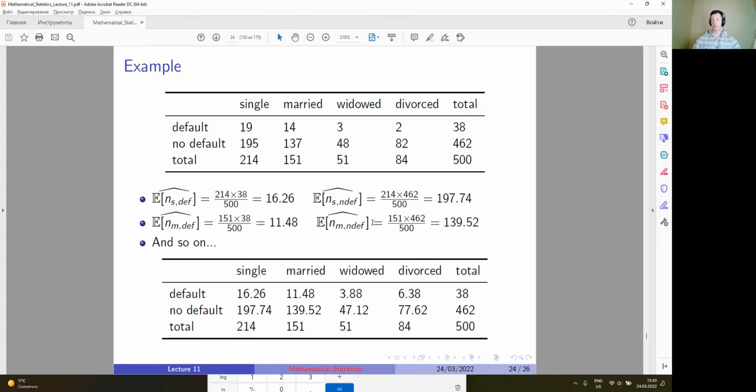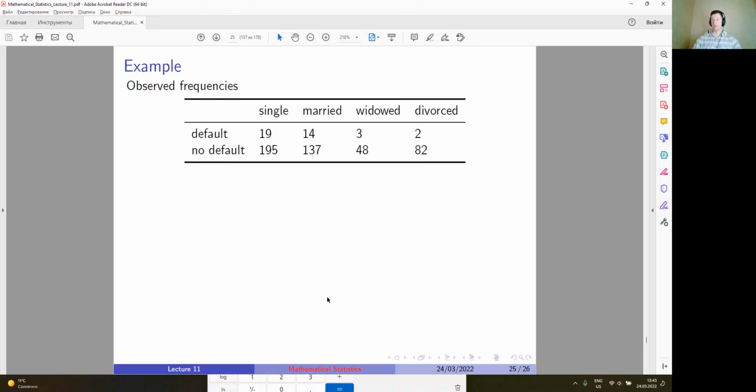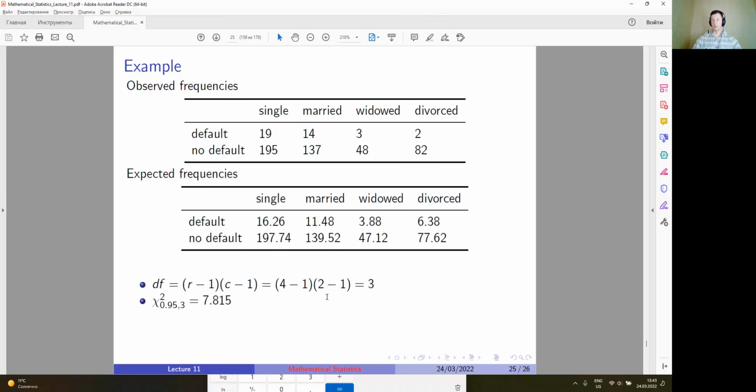Finally, we will get the following table. The totals must be the same, definitely, right? So these totals must coincide, but the observed values are going to deviate from the expected values. And now we have everything ready to apply the chi-square test, because we have observed values in this table for 8 categories, and we have expected values for 8 categories inside the table. So here the observed frequencies, here the expected frequencies.